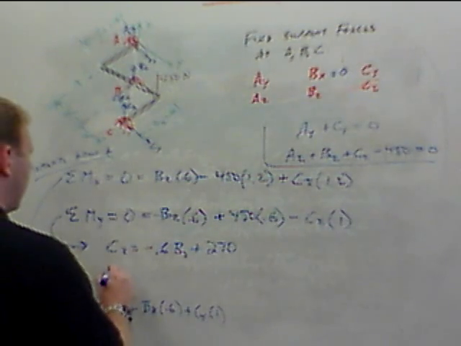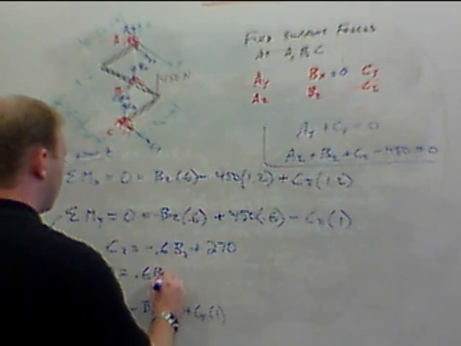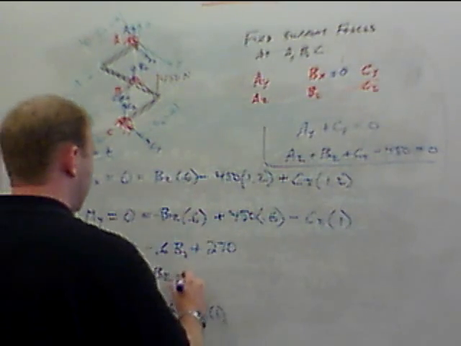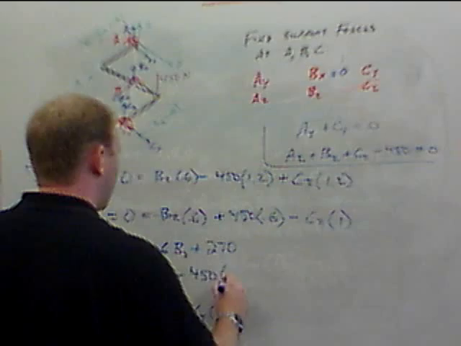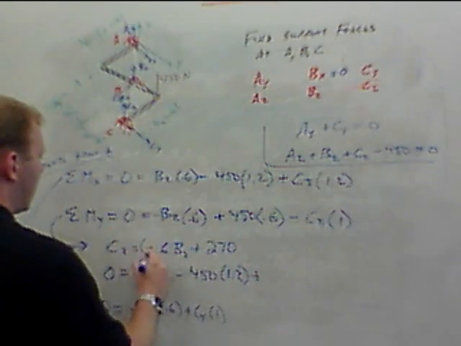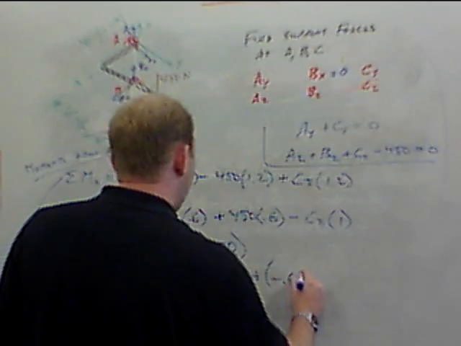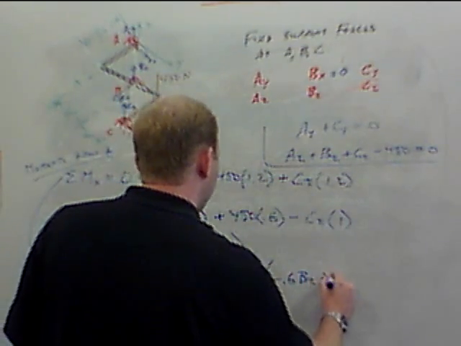So we have 0 equals 0.6 Bz minus 450 times 1.2 plus Cz, which is now equal to this mess: minus 0.6 Bz plus 270.